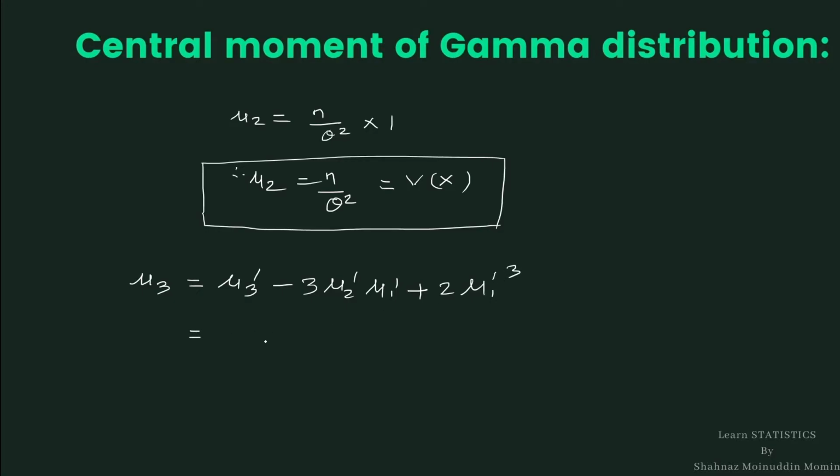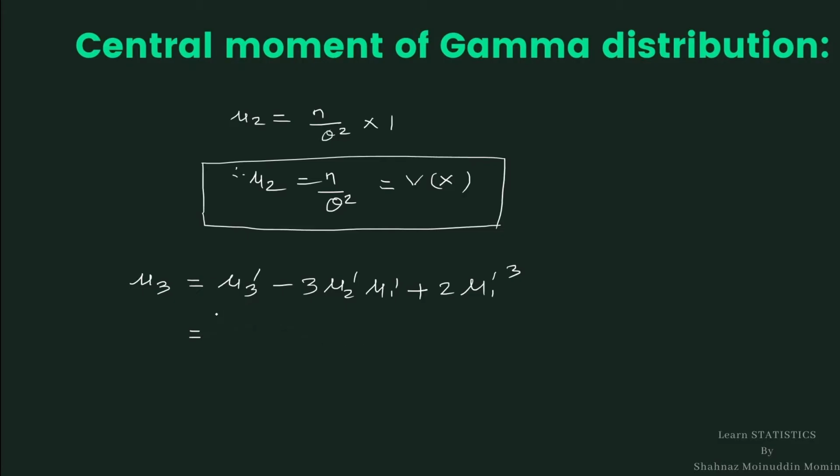These relations between raw and central moment we have already learned in the first year of BSc course. Students must remember and memorize all these relations in order to obtain the central moments from the raw moments.